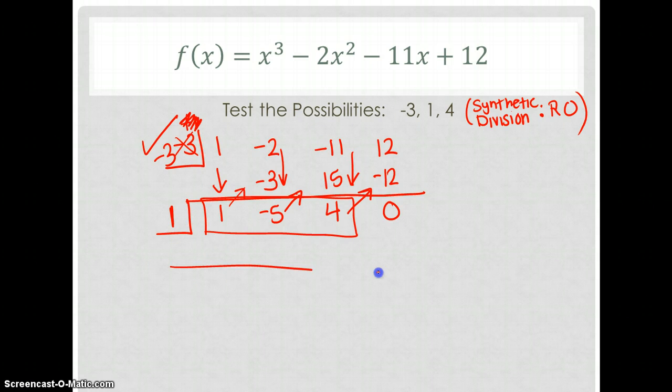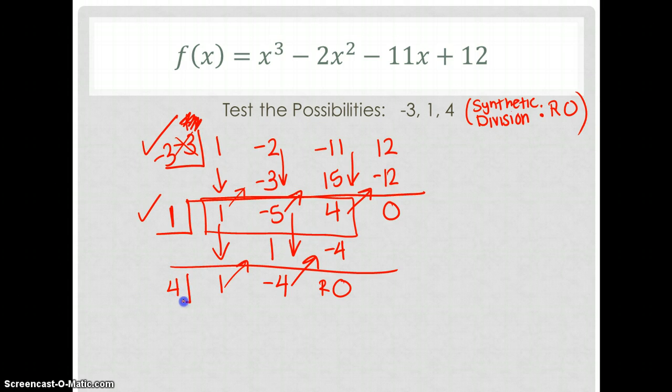So if we do the same synthetic division process to 1, bring down the 1, multiply, add vertically, multiply, we end up with, again, a remainder of 0. So 1 looks like it's good as well. The graph didn't lie, we're just verifying what we saw in the graph.